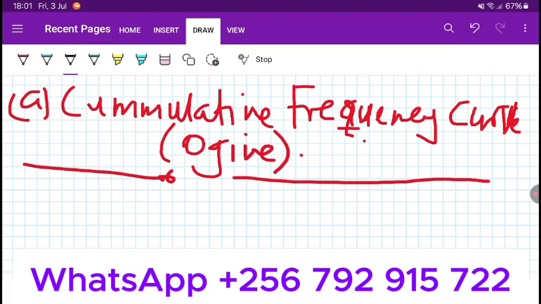And as you've known, at some time it can be called an Ogive, and it is just a graph that represents the frequencies for the class in the frequency distribution.